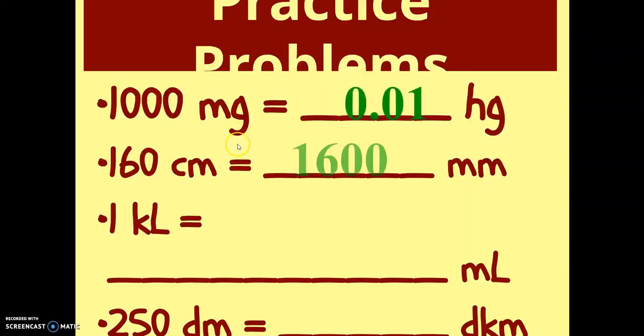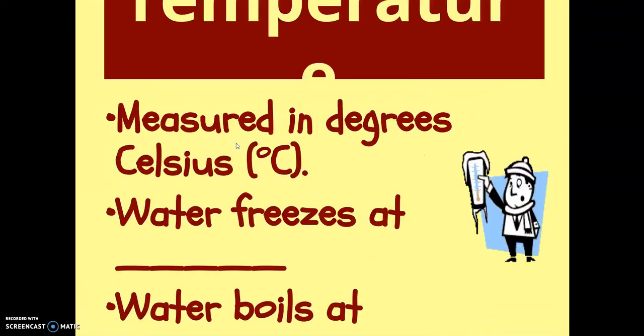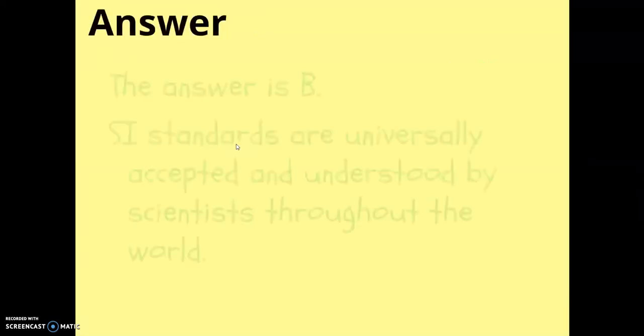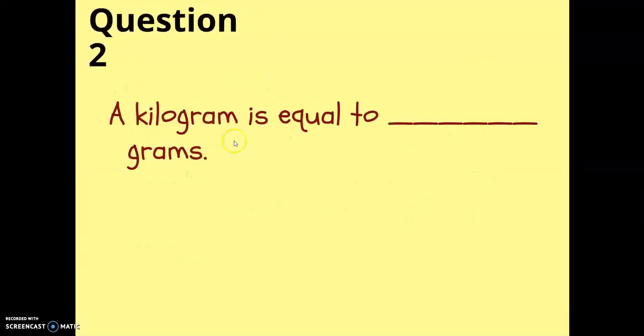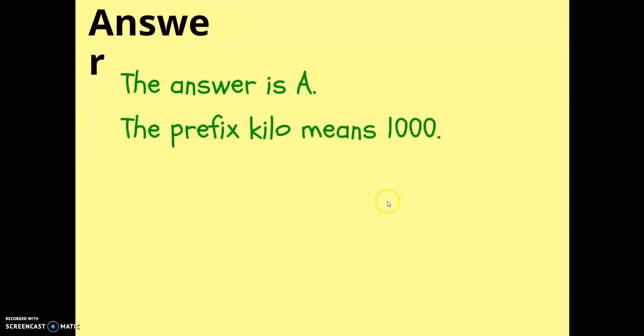So we're going to take our decimal point three to the right. So we go back to our answer here. 1 kilogram. So we're going to go 3 to the right. So is it 1,000, 110, or 1? We had 1. So we're going to go 1, 2, 3. We're going to add 3 zeros. So the correct answer should be A.